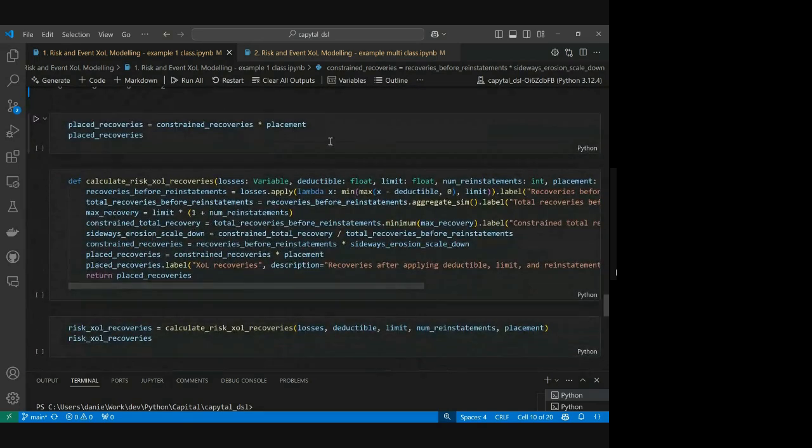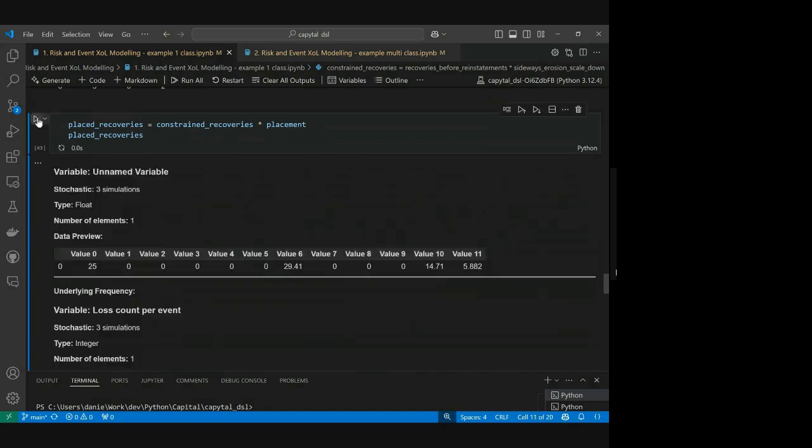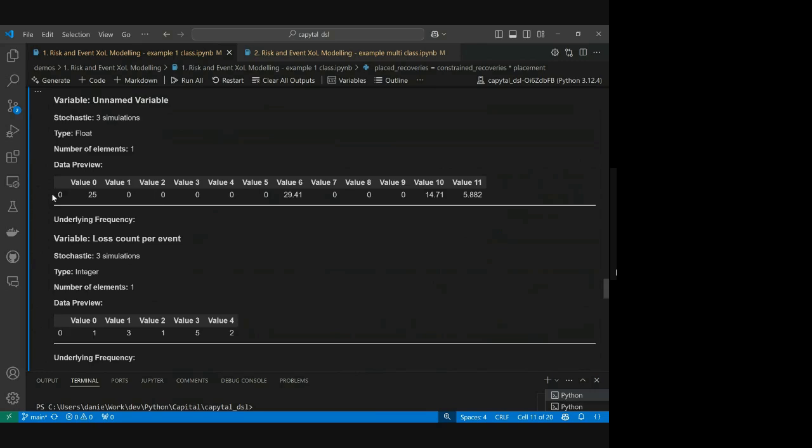And the final step would just be to calculate the placed recovery by allowing for the percentage placement of the contract and multiply that by these constrained recoveries. So we get a final answer here: 25 in the first, and this 29.41 here in this very large claim that we had in the middle.